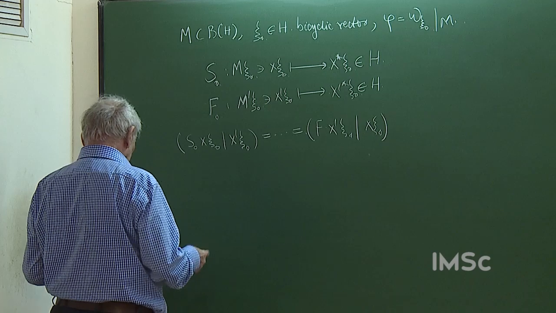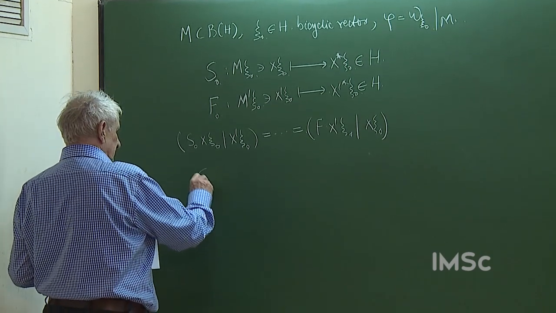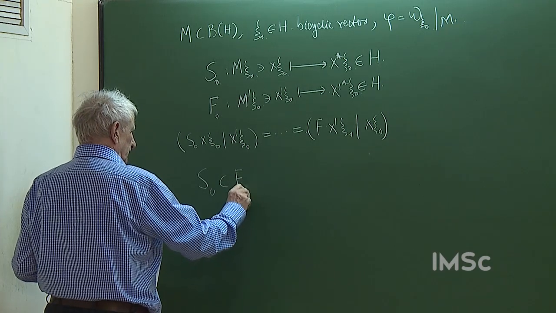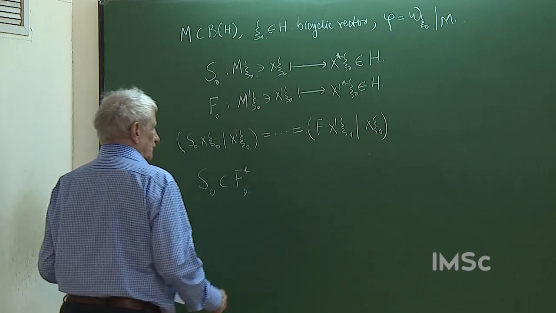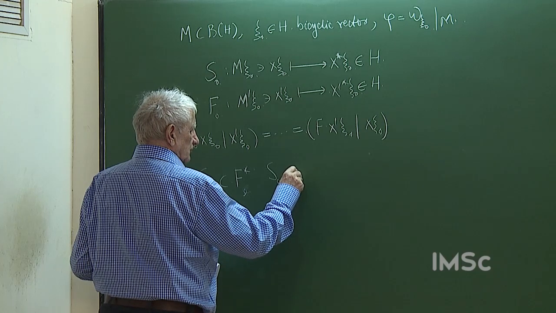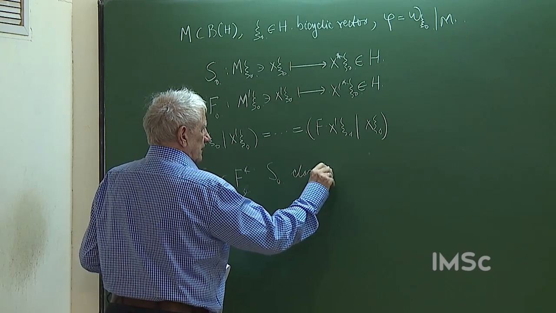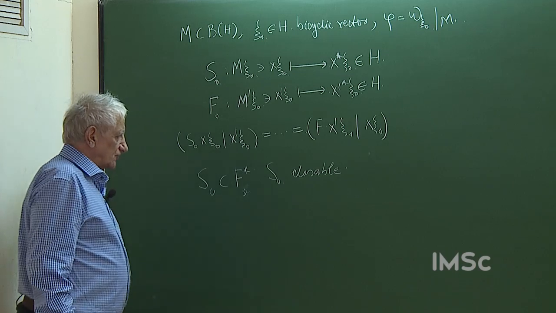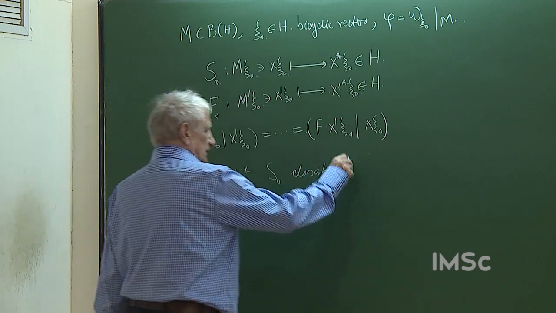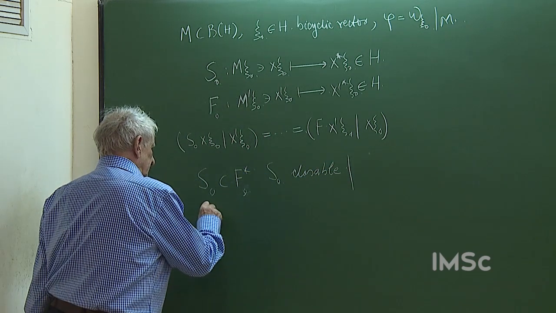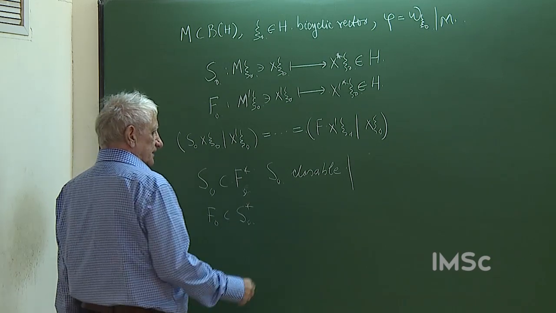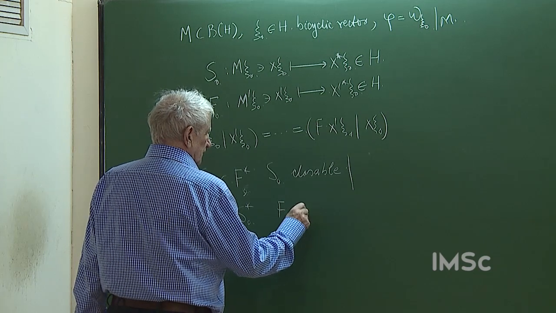This means that the operator S₀ is included in the adjoint of the operator F₀, so it follows that S₀ is pre-closed, or closable, because every adjoint is closable. Then, the same way, we see that F₀ is included in the adjoint of S₀, so F₀ is also closable.